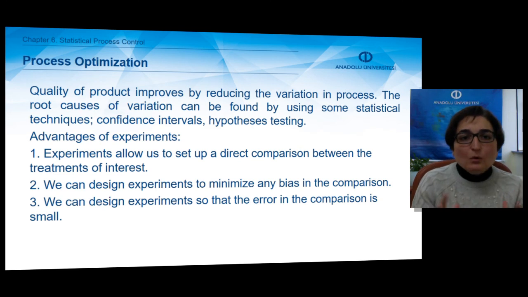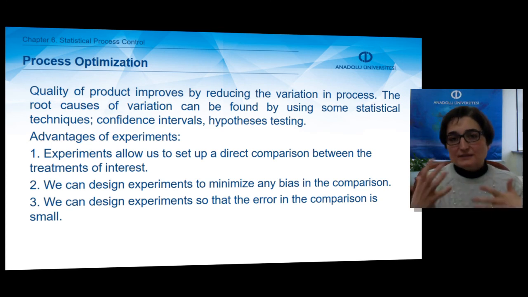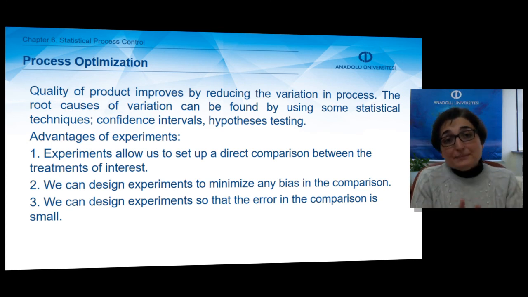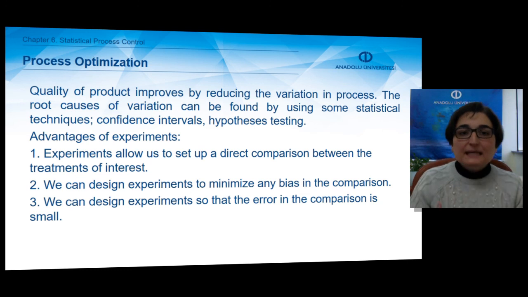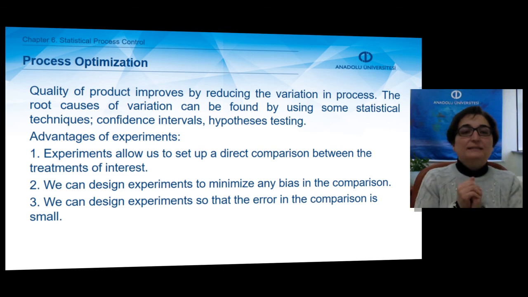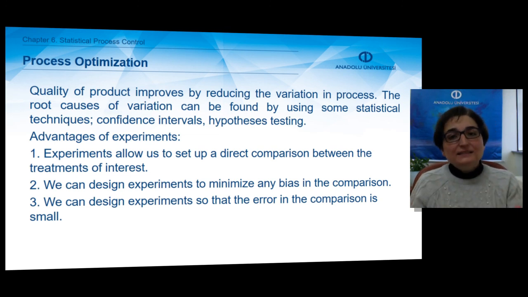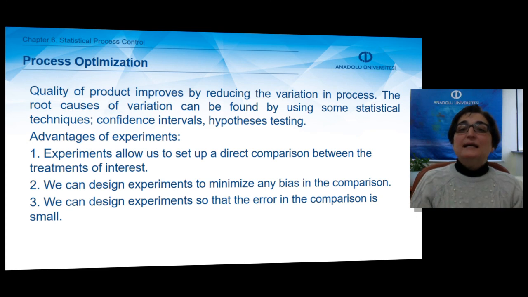About the quality of products, optimization: there are some advantages of experiments. Experiments allow us to set up a direct comparison between the treatments of interest. We can design experiments to minimize any bias in the comparison.